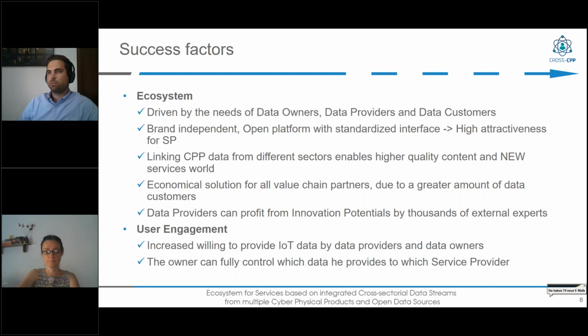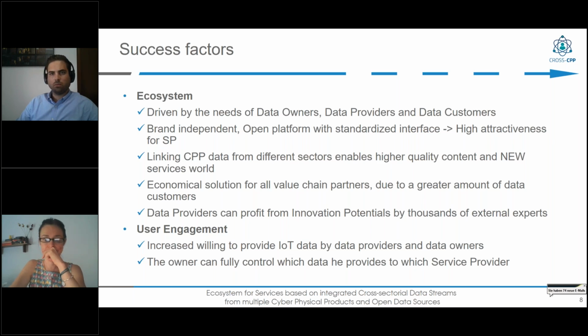That's also, I think, a very important issue. Otherwise, you cannot convince them to provide the information to such a system at all. By this, we hopefully also increase the willingness of all stakeholders to take part in and support such a system solution. So that's a very brief overview of the whole system solution.